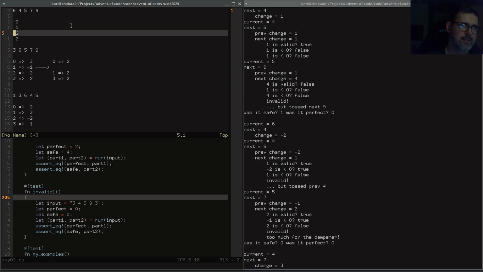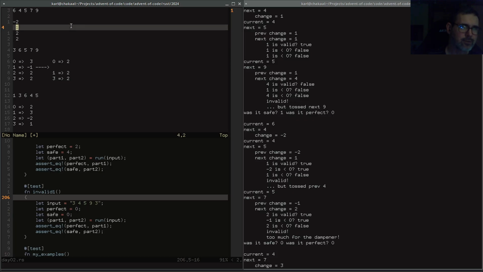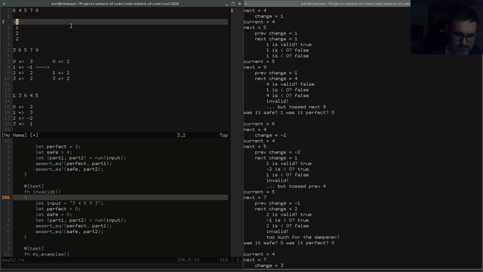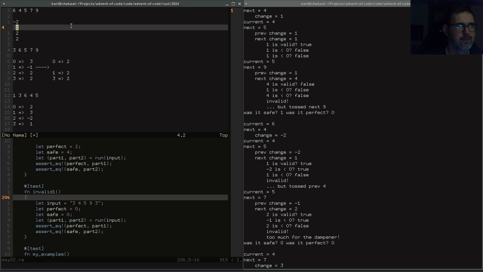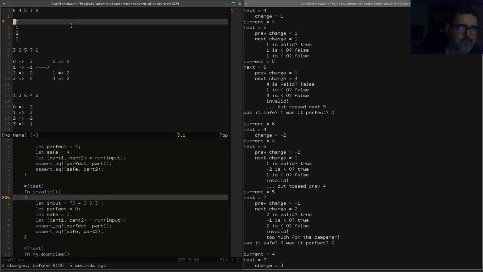And I was just saying it's easy to look at and see which one we need to toss out. But if we start walking through the list and we look at these first two, we don't know which one is right because we have to look at the rest of the list and see what it ends up doing. In this case, we want to throw out the one, but in this case, we want to throw out the -2. So I'm like, well, do we just brute force it then? We just start tossing out nodes?